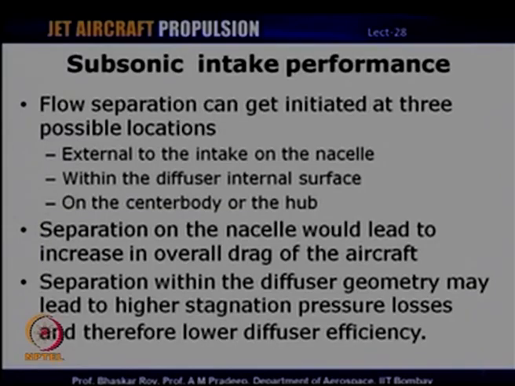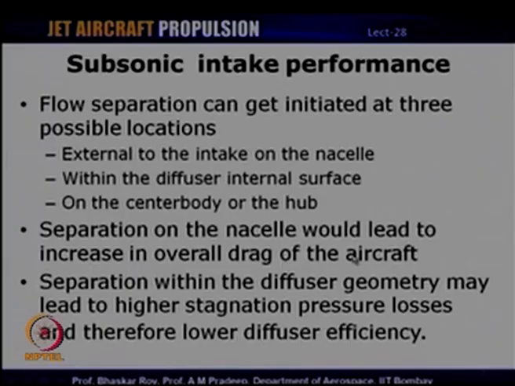One is of course external to the intake, that is on the nacelle. The other two locations are within the internal part of the diffuser itself. One is the internal diffuser surface. The other possible location is on the center body or the hub. Now, if we have flow separation on the nacelle, which is possibly a result of spillage on the intake, spillage might lead to flow separation on the nacelle under certain conditions.